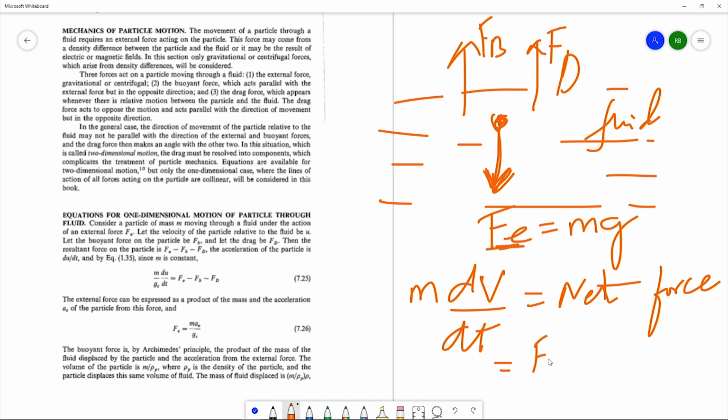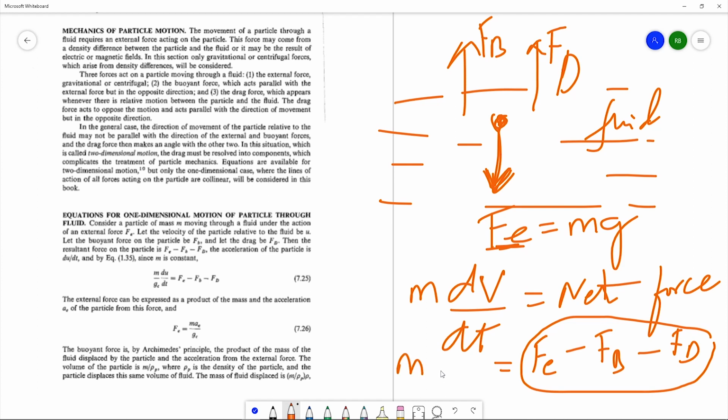So it is Fe, the external force, minus the buoyant force Fb in the opposite direction, minus the drag force Fd. This is the net force acting on the particle. Because of the net force, the particle will accelerate. By Newton's second law, F is equal to ma. So if there is a net external force, the particle will accelerate.